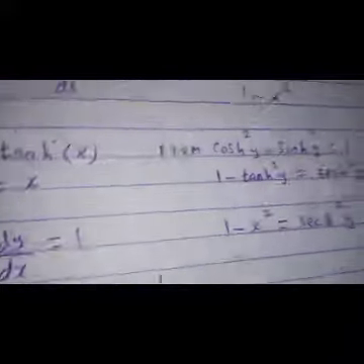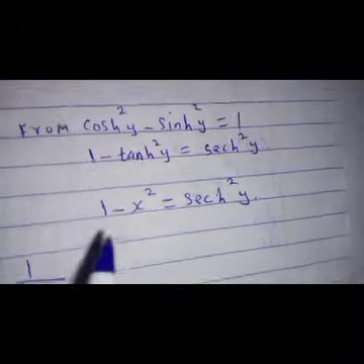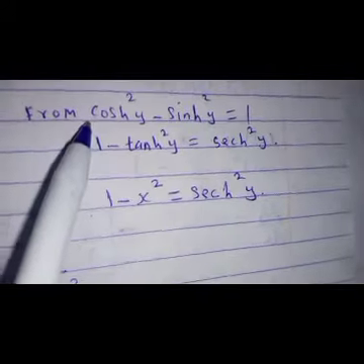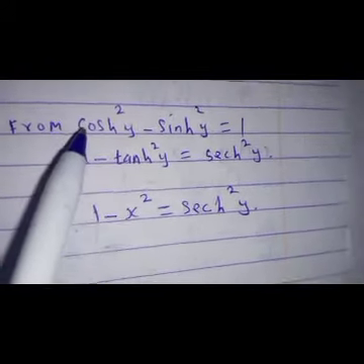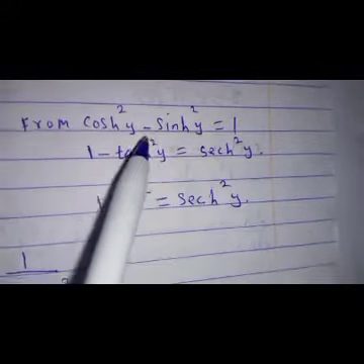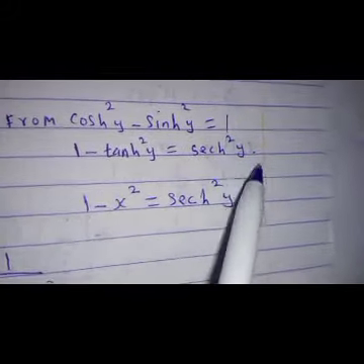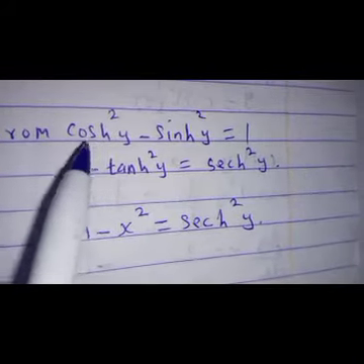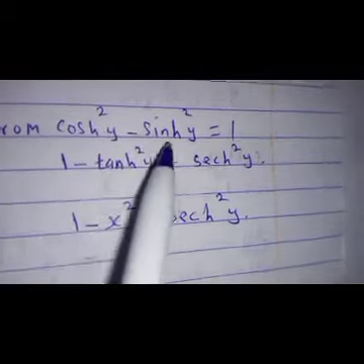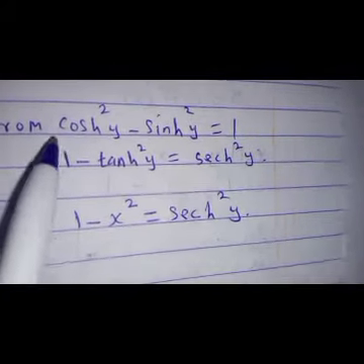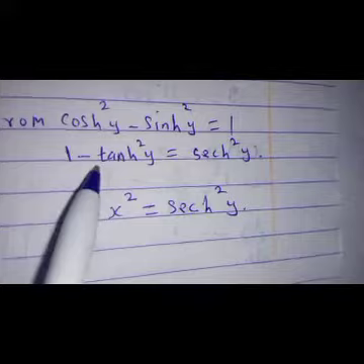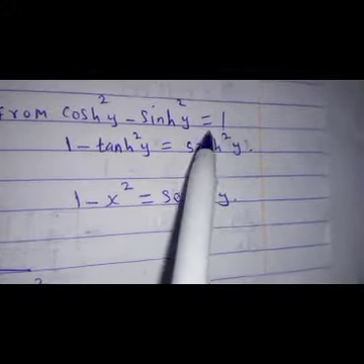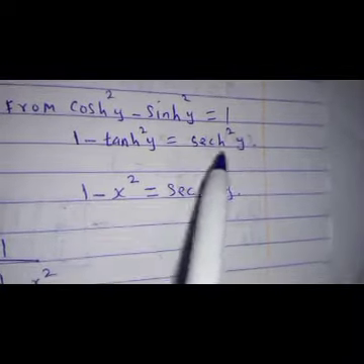Then we apply the identity of hyperbolic functions, which tells us that hyperbolic cos squared y minus hyperbolic sin squared y is equal to 1. Then we divide this by hyperbolic cos squared y to be left with 1, and hyperbolic sin squared y divided by hyperbolic cos squared y is equal to hyperbolic tan squared y. 1 over hyperbolic cos squared y is hyperbolic sec squared y.